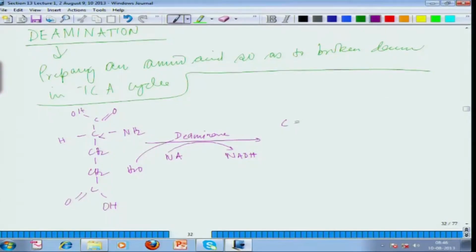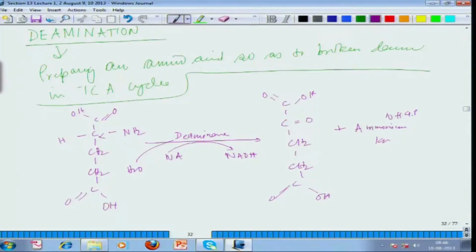So, what you are essentially getting is OH, O, CH2, CH2, OH plus ammonium ion, which is NH4 plus.